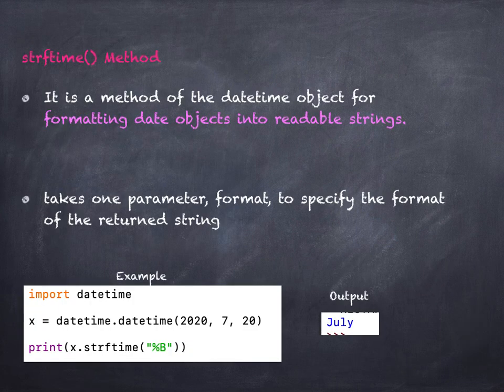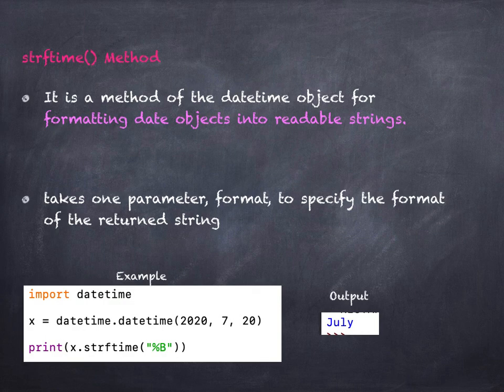Next is the strftime method, which is a method used for formatting date objects into readable strings. It has one parameter, which is a format, to specify the format of the returned string. In the example you can see here the datetime constructor is used to specify the year, month and day, and the month given here is in numbers, that is 7.